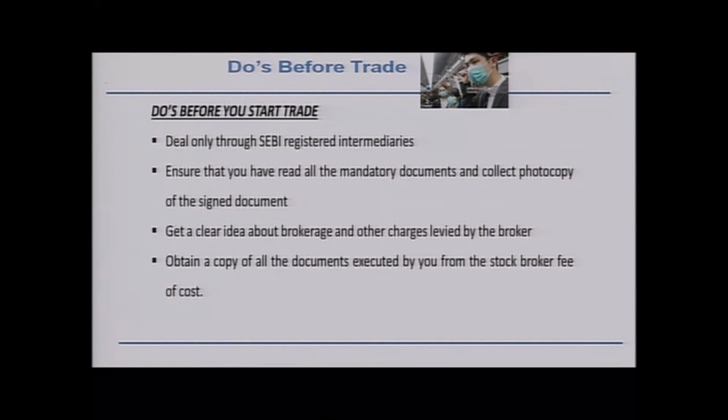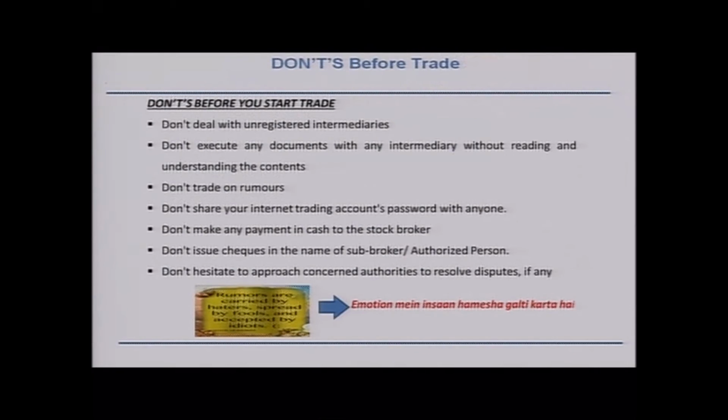Obtain a copy of all the documents executed by you from the stockbroker, absolutely free of cost. Brokers or members are not allowed to charge for providing copies of the documents which you have signed.